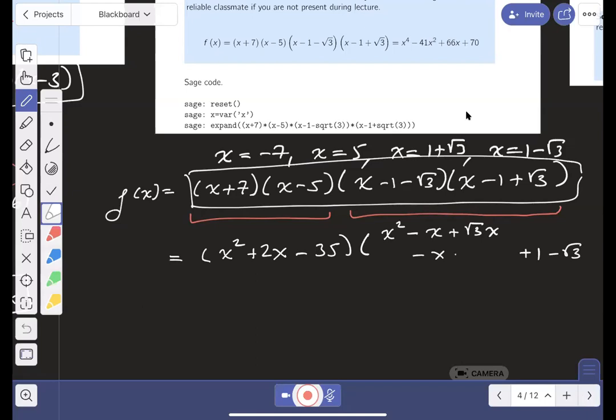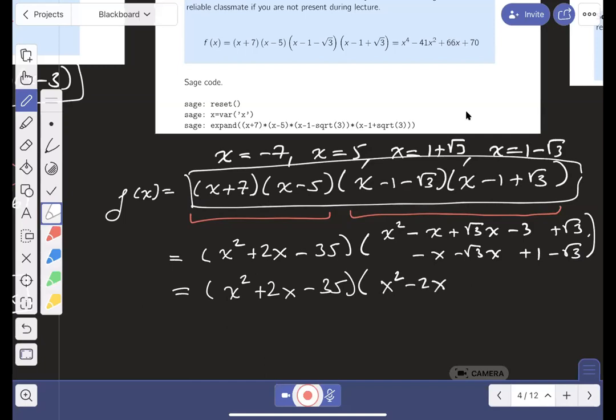Minus root 3 x. Let's see, that's going to be plus root 3. And minus root 3 times plus root 3 is going to be minus 3. So it's a lot of work. Maybe it is. I don't think it's too much, though. x squared minus 2x. Let's see, those root 3 x's disappeared. I'm glad about that. And you can get minus 2. Wow, that turned out nice.